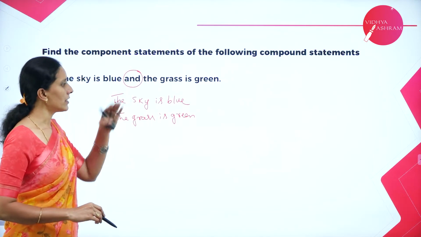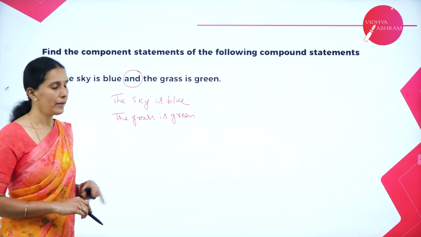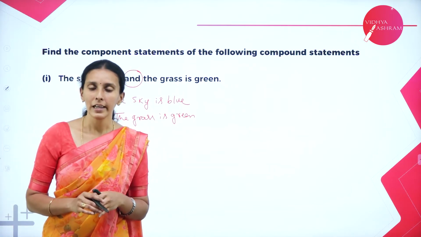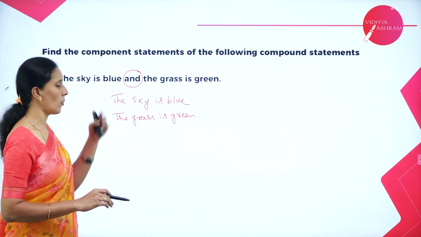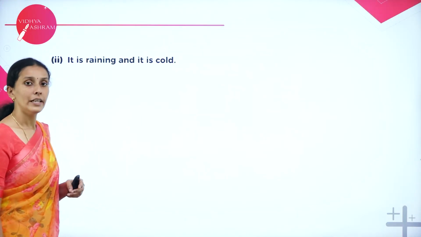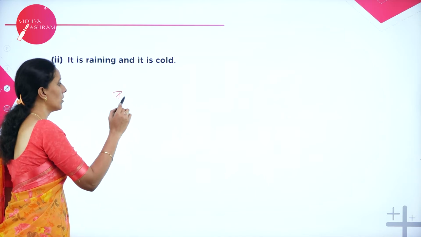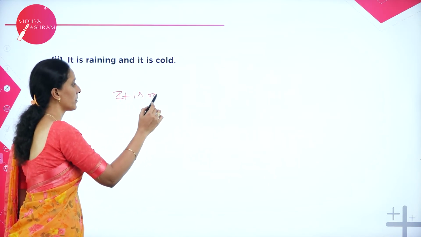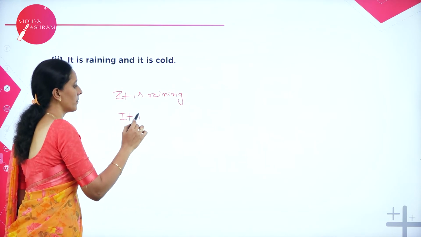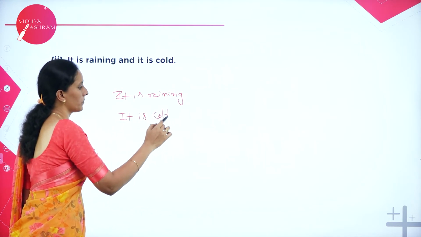Therefore, this is called a compound statement, and since these two statements can be written separately, they are the components of the compound statement. Next, it is raining and it is cold. The first statement is it is raining. The second statement is it is cold.